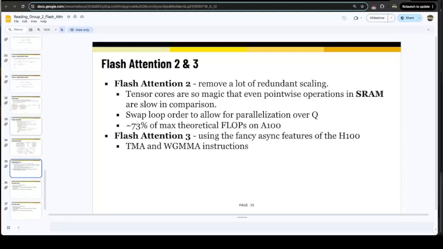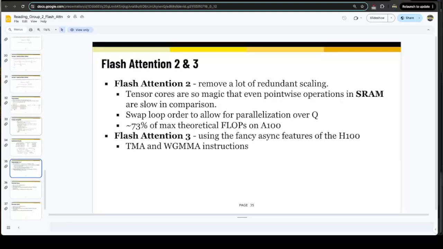They also introduced parallelization over Q, which is huge, because for very long context operations you tend to have very low batch sizes. If you parallelize over Q, you get better residency on hardware, where you have more things running on your SMs at any point in time, which is just good.